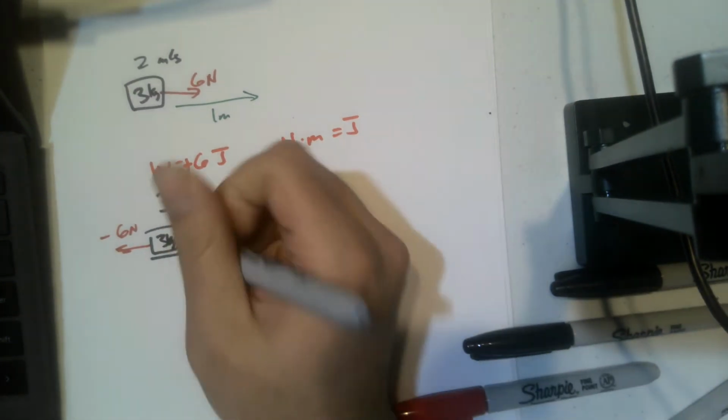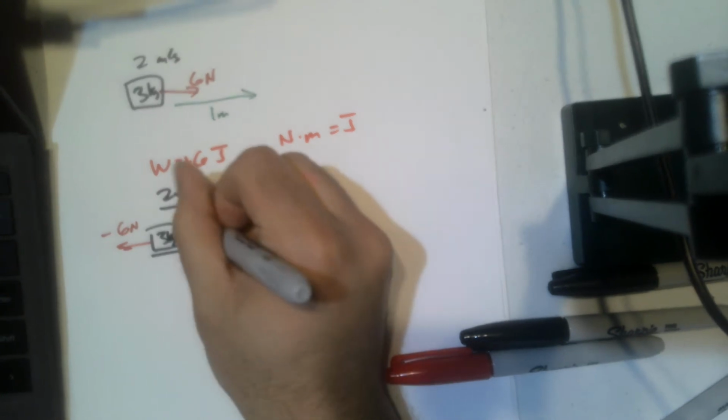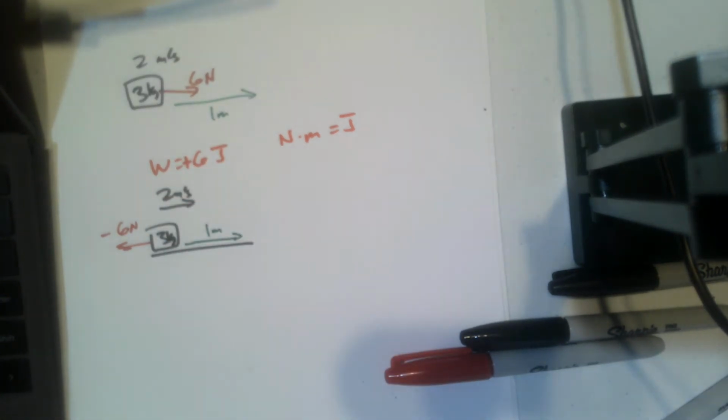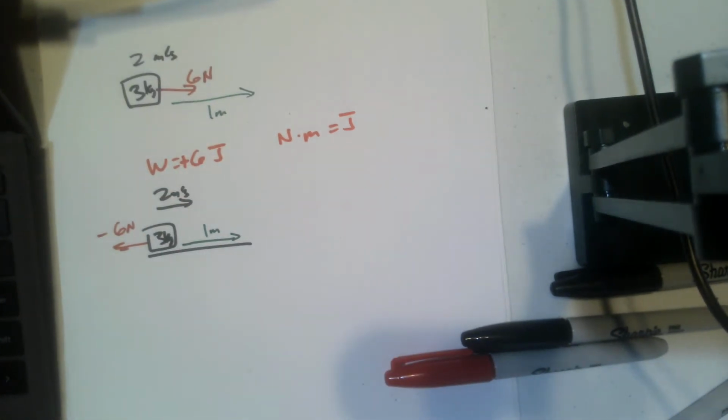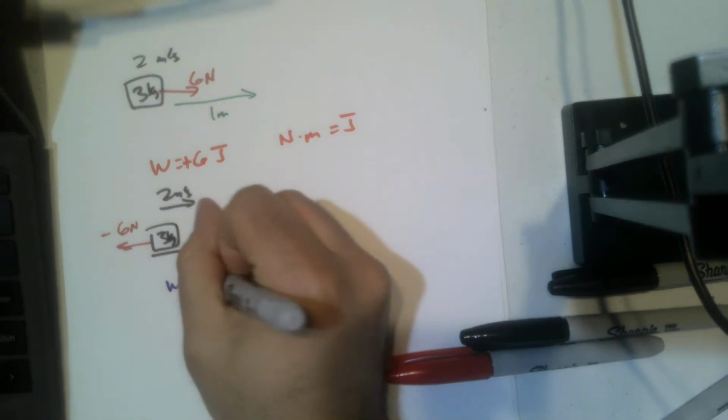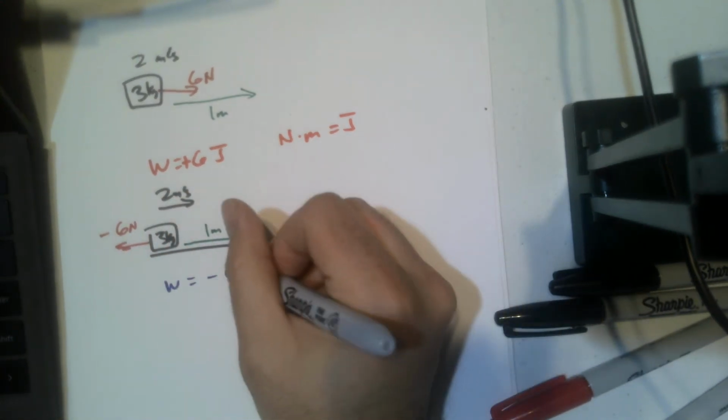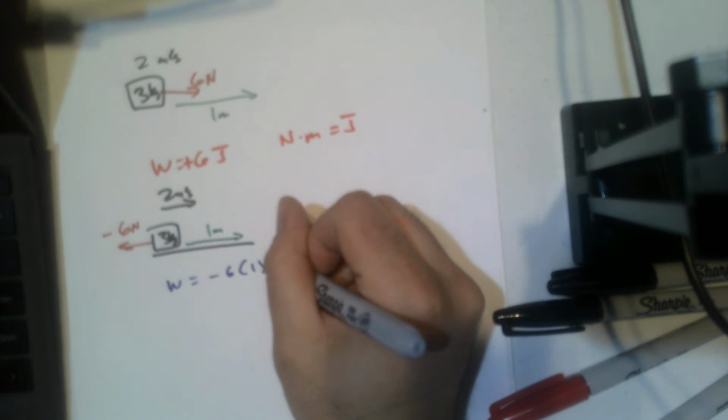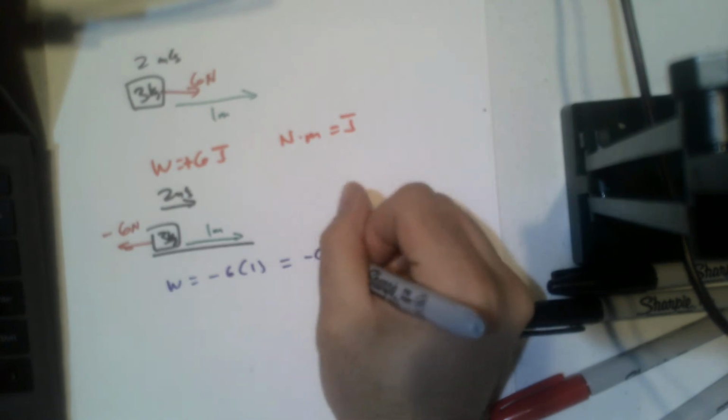It's still going to move forward, but our force is working against the motion now. So we expect this to slow down, to lose kinetic energy. We're applying a force over a distance to remove energy here. So when you calculate the work, it is negative 6 newtons times 1 meter, and we get negative 6 joules of work.